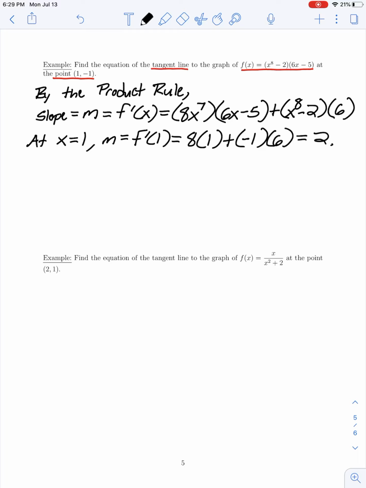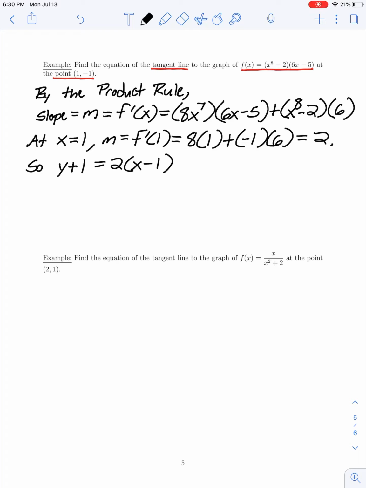So now that we have the slope of our line and a point that it passes through, we can use the point-slope form for the equation of a line to get our tangent line. So here we would have y minus the y-coordinate for our point on the line, which was negative 1. So we have y minus a negative 1, or y plus 1, is equal to our slope 2 times x minus the x-coordinate for our point, which was 1.